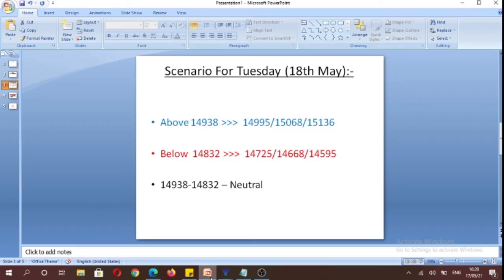Above 14,938 we can trade towards 14,995, and beyond that 15,068 levels and potentially 15,136 levels, and below 14,832 we can trade towards 14,725, 14,668, and potentially 14,595 levels. And the neutral price range for tomorrow is going to be 14,938 to 14,832, in which one can refrain from making any trades.